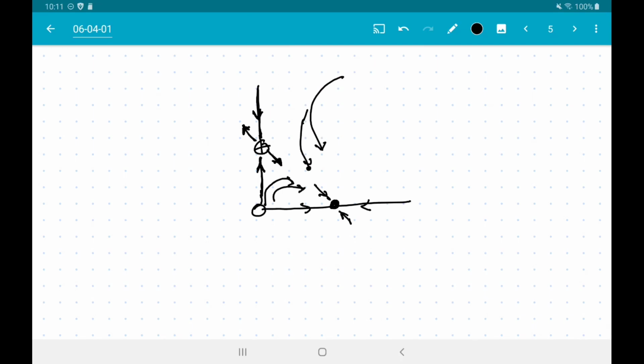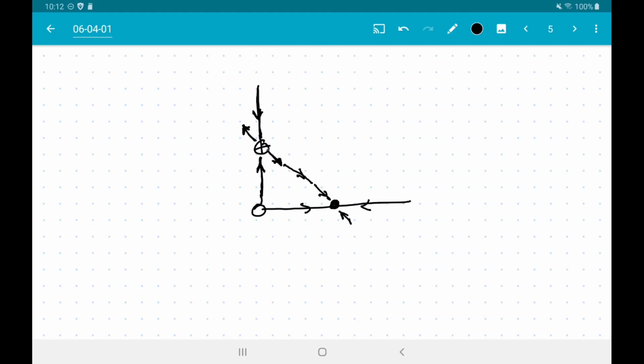Well, there has to be some kind of barrier, some kind of division between the points that came from here and will backtrack in reverse time out to infinity, and the ones that backtrack to the origin. Well, that's where this invariant manifold comes in.